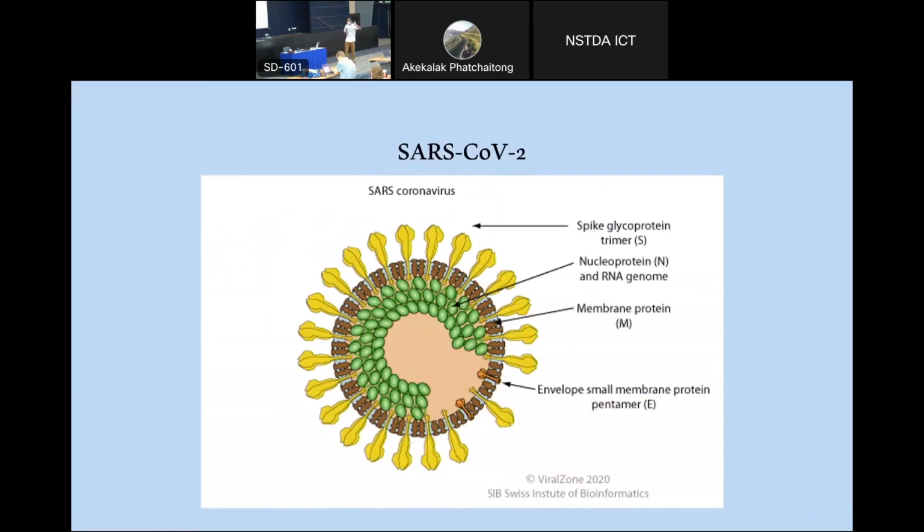So again, this slide was prepared for SARS-CoV-2, but the initial part for you is to identify the target.